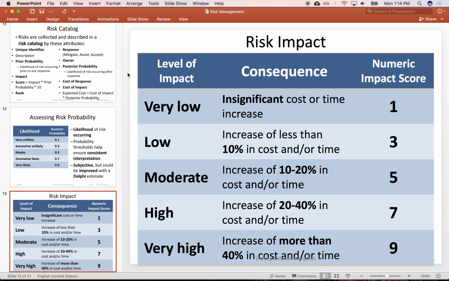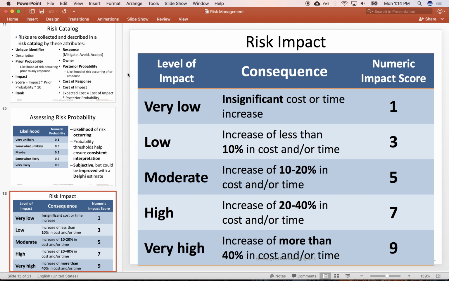And also the measurement of the impact, say whether it's very low, moderate, high, or very high, again very subjective. What do you think the impact might be? Will it increase the cost or the time of the overall project by 10 to 20%, 20 to 40%, or more than 40%? Again, these thresholds will be decided as a group.